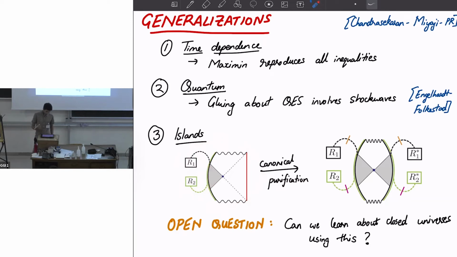And when you do the canonical purification in the connected phase, the picture is that of R1 and R2 being entangled with their reflected copies R1 star and R2 star via this closed universe. So it's a controlled place where we have access to a closed universe, and perhaps we could use this to learn something about closed universes in the setting of AdS/CFT. Right.